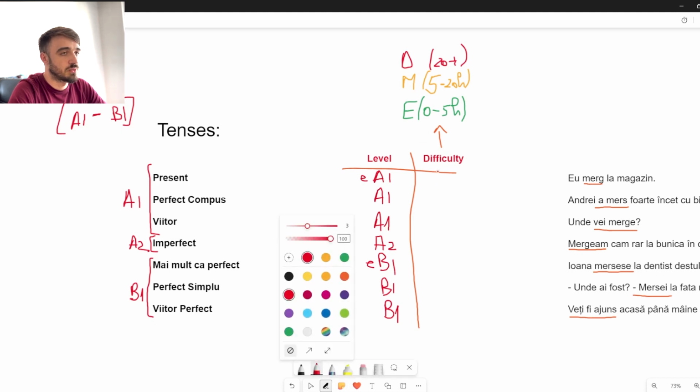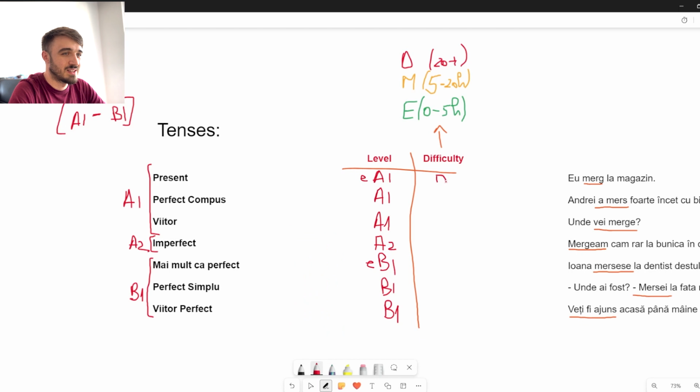I know it's really weird to give it a difficult mark, but yes, it is difficult to learn the present tense in Romanian, and you really need a lot of practice. It's something that you don't want to just overlook, and you should spend as much time as possible practicing it, either speaking it or finding a lot of exercises.